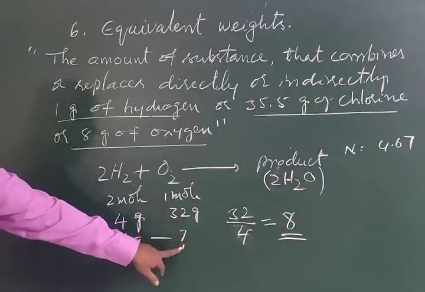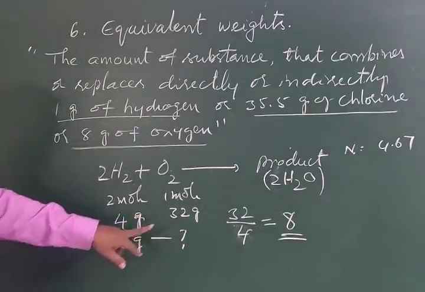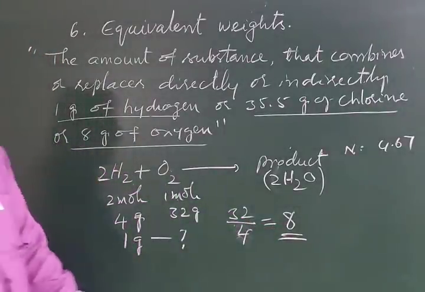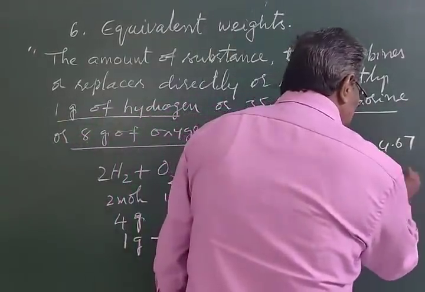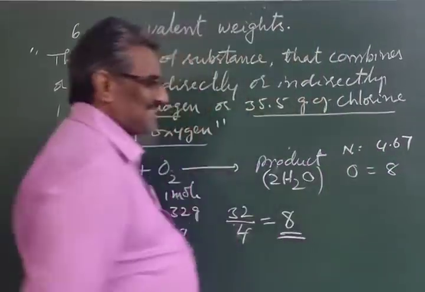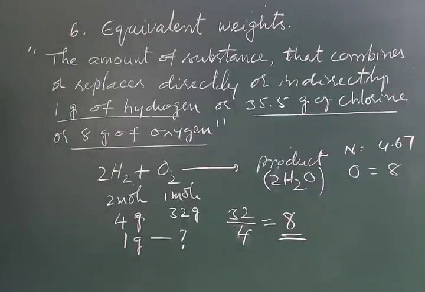So per 1 gram of hydrogen, 32 by 4 is equal to 8. So 8 grams of oxygen is equivalent to 1 gram of hydrogen.